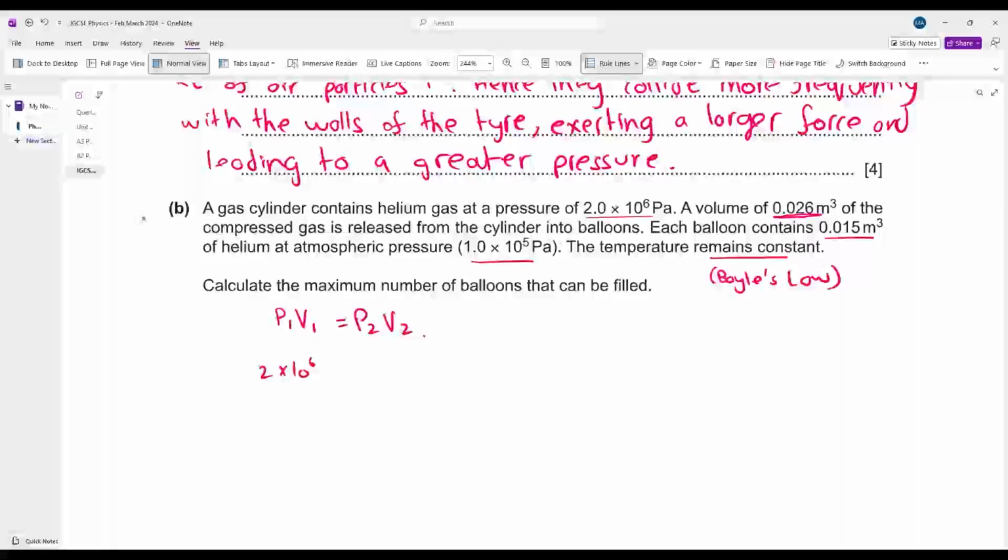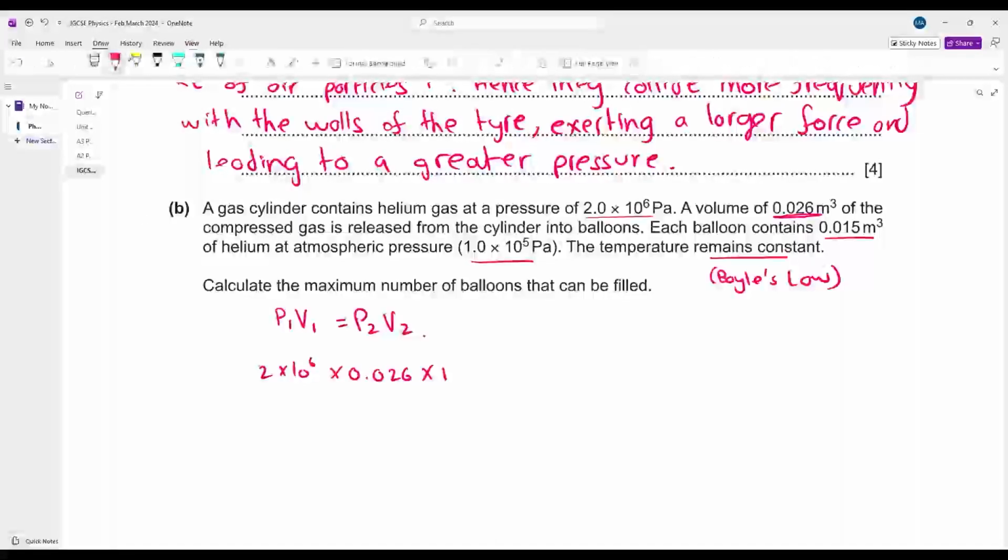What is your initial volume? 0.026. What is your final pressure? Your final pressure is 1 into 10 to the power of 5. Let me write it. What is your final volume? We don't know. Let's calculate that. So 2 into 10 to the power of 6 multiplied by 0.026 equals 1 into 10 to the power of 5 times the final volume.